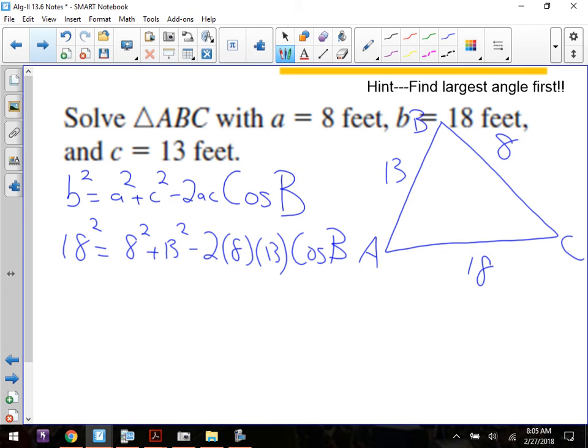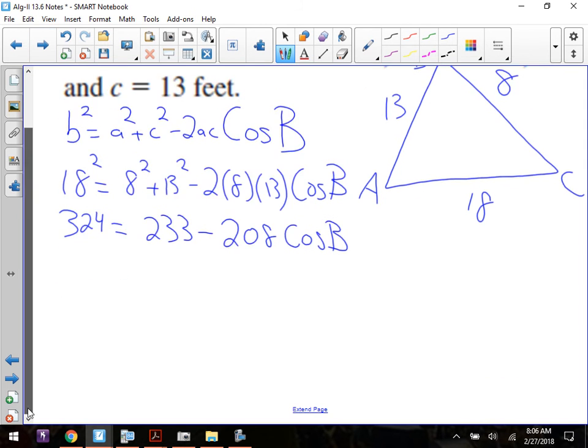What I mean is, I'm going to type right in, what is 18 squared? 324. What is 8 squared plus 13 squared? What is 2 times 8 times 13? Now, all of that is the exact same problem as this.